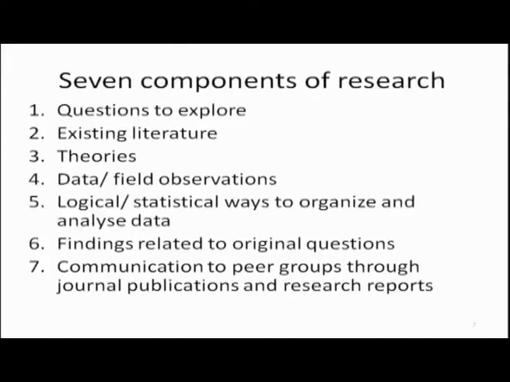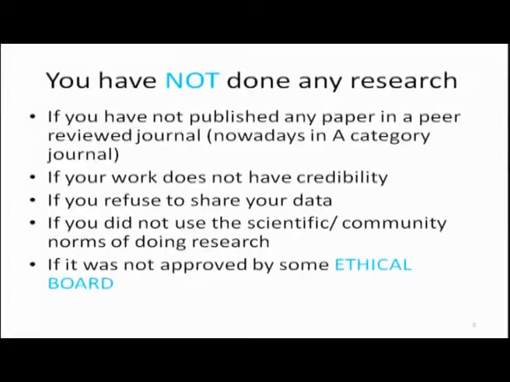Then researches are expected to produce certain findings which are related to original questions. And remember that research also involves communication to peer groups through journal publications and research reports. You have not done any research if you have not published any paper in a peer reviewed journal.